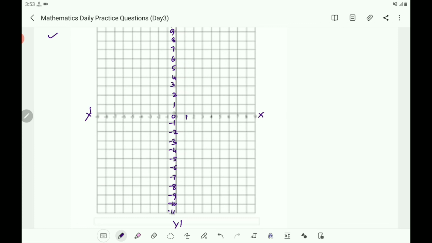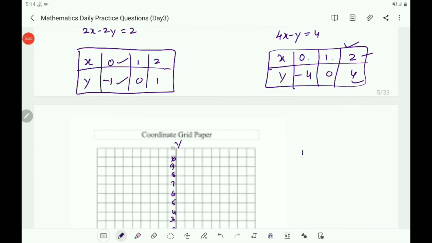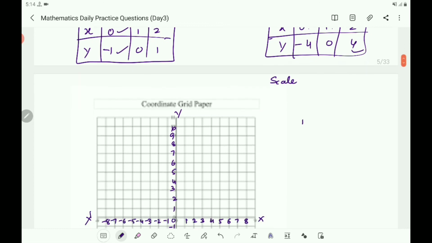And here you mark 1, 2, 3, 4, 5, 6, 7, 8, and here minus 1, minus 2, up to minus 8. Write the scale. Both on the x axis and y axis we have taken 1 centimeter equals 1 unit.